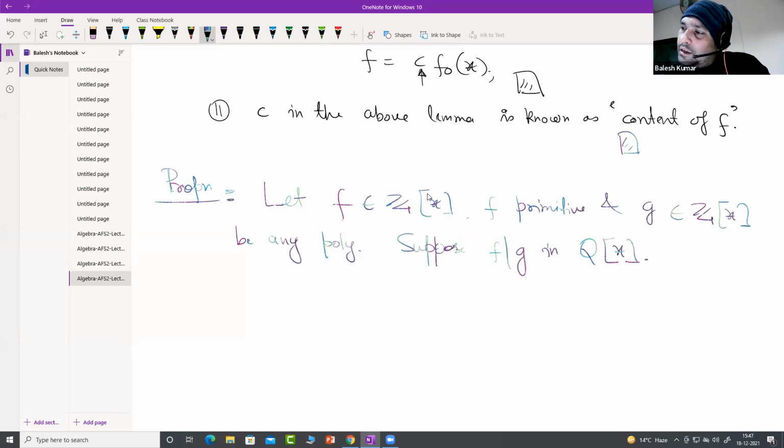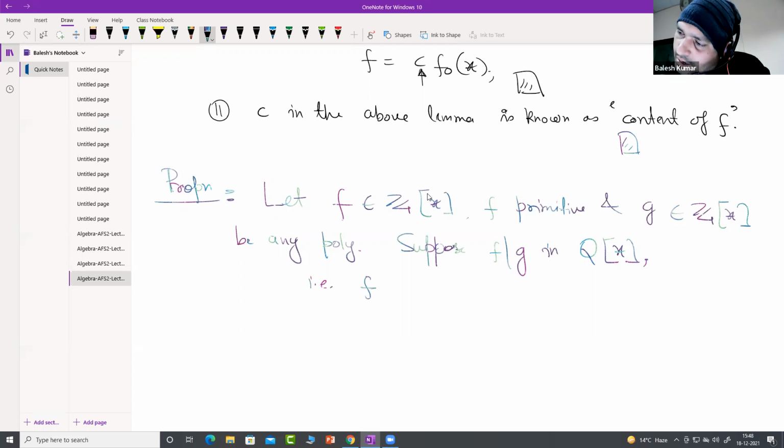Since both have integer coefficients, and the divisibility is given inside Q[x], our intuition says that in fact this divisibility should be inside Z[x] also. And it is in fact the conclusion of this proposition. So let me write down what is meant by f divides g in Q[x].